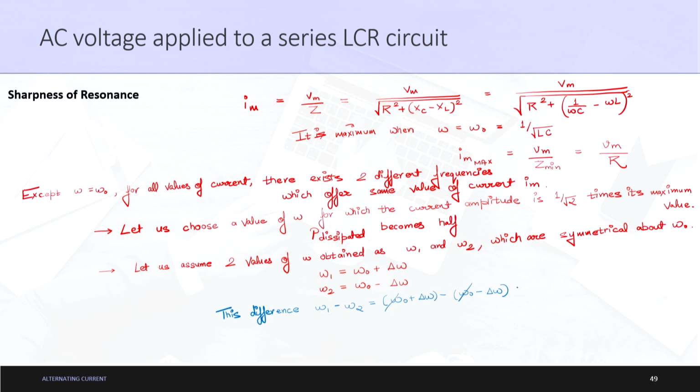Omega naught being cancelled, this is nothing but equal to 2 times delta omega. This value of 2 times delta omega is called the bandwidth of the circuit. Okay. So, I hope this concept is clear to you.